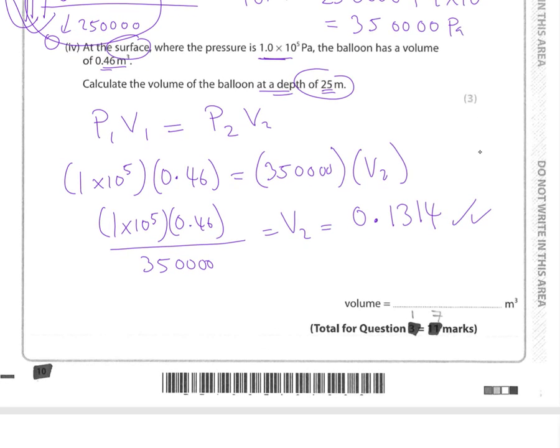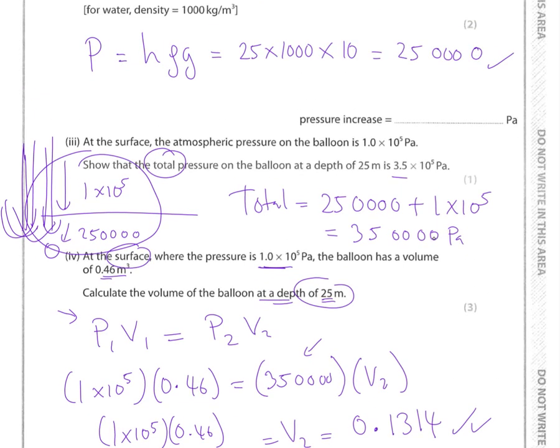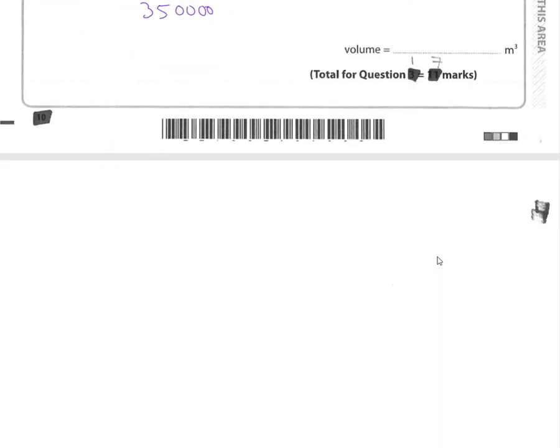The issue that we have is people forgot the equation, and forgot to identify that the total pressure exerted on the balloon at the depth of 25 meters is this much. That's why the question pretty much asks us to find the total pressure first.